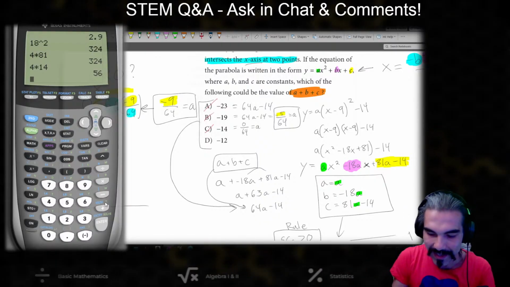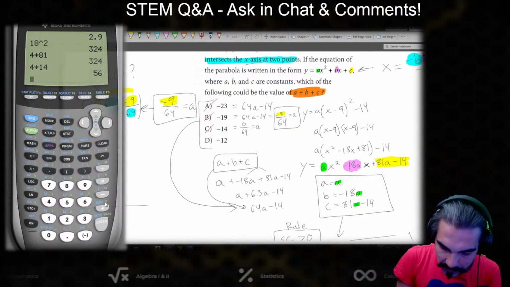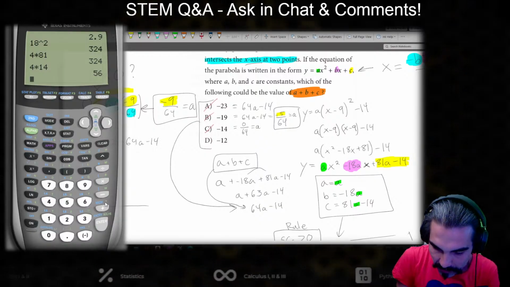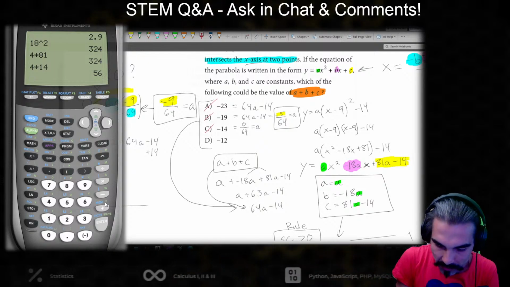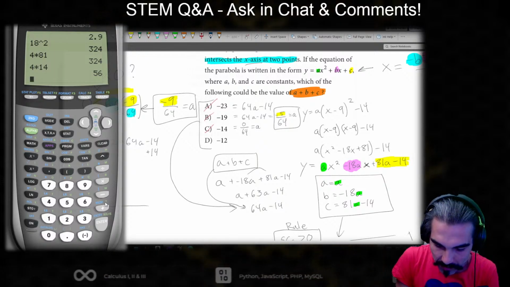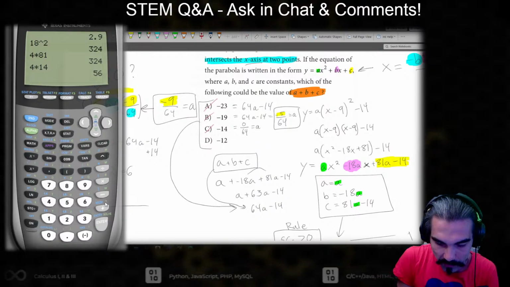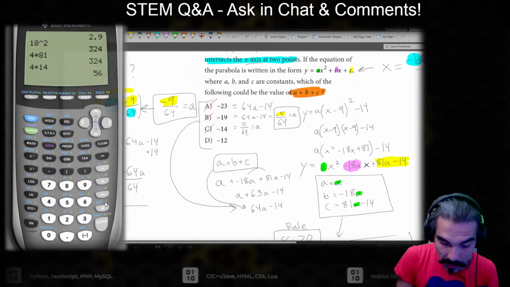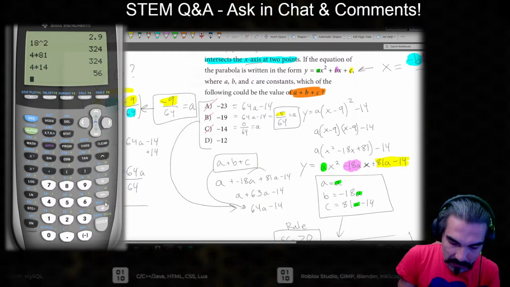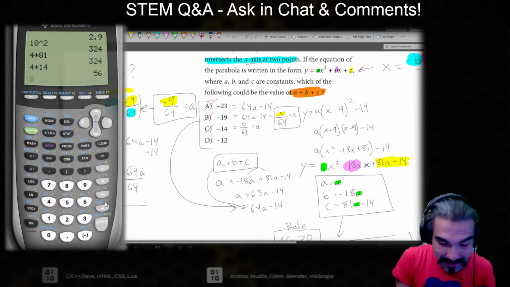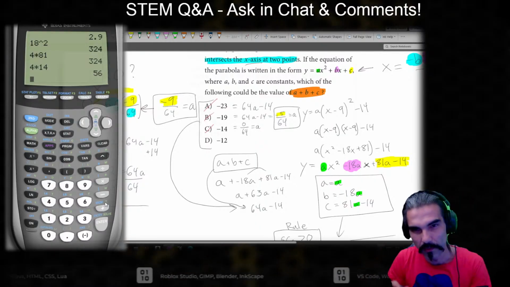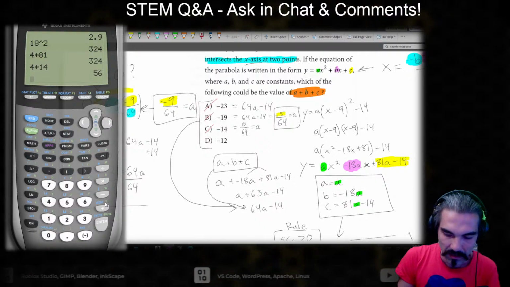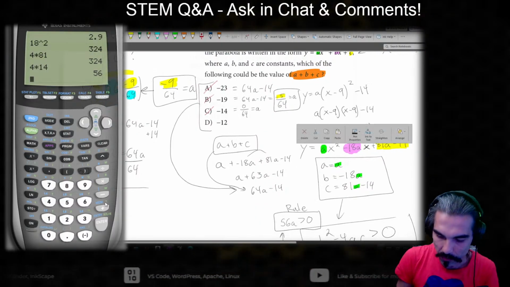Process of elimination. And the final test is negative 12 equal to 64a minus 14. Add 14 to both sides. That's going to be a positive 2 equals 64a. Divide by 64, divide by 64. Hey, we got a positive 1 over 32, but it's overall positive. So technically, we don't really care about the digit here, more the sign, because that sign is going to tell us the case scenario for the rule.